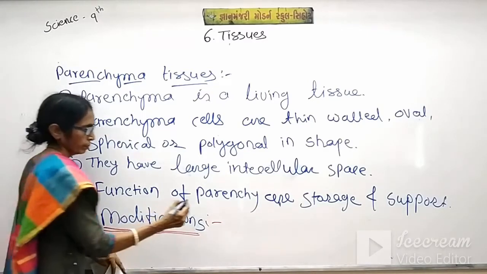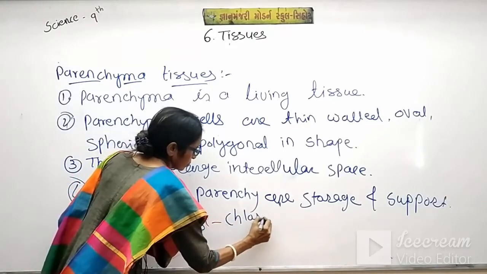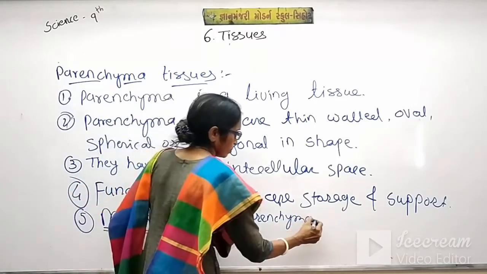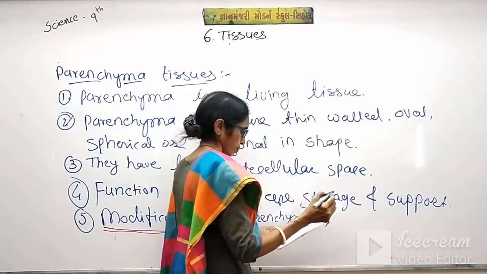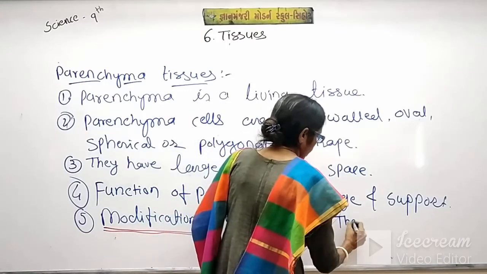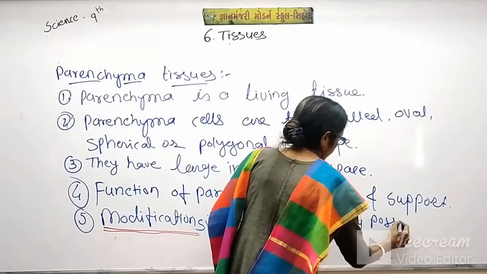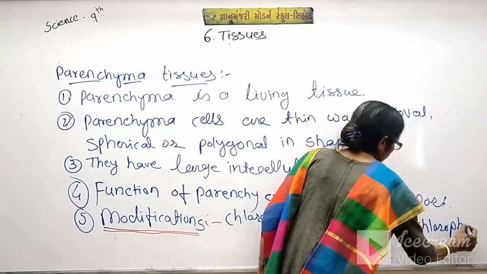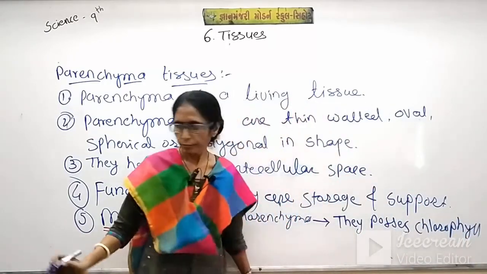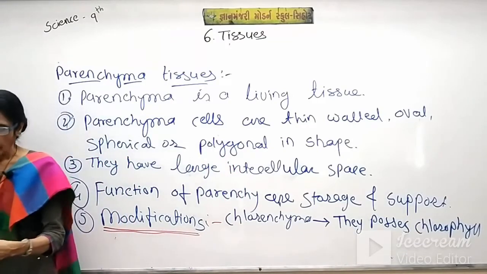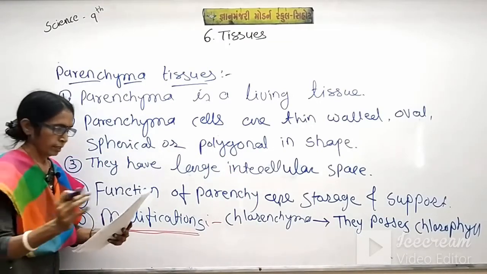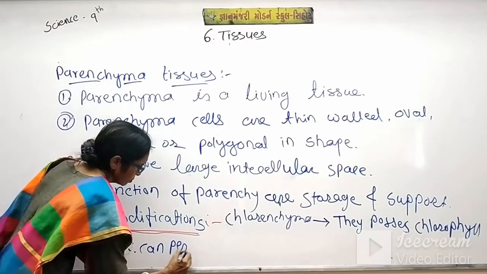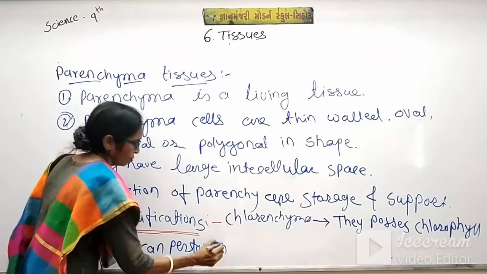Chlorenchyma: they possess chlorophyll and therefore can perform photosynthesis.